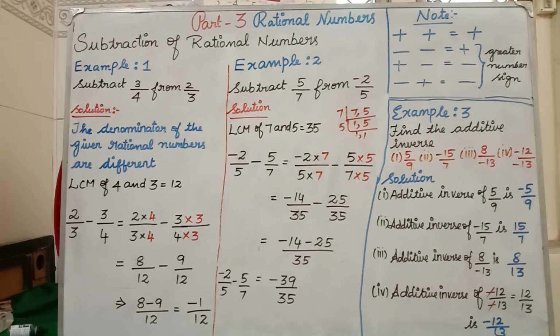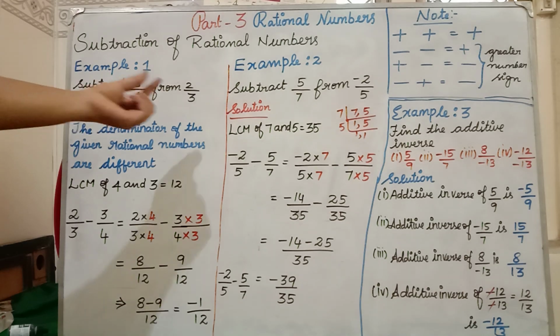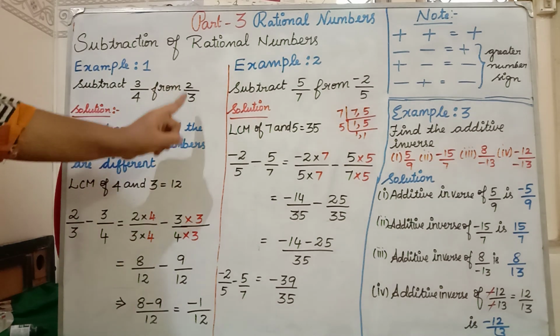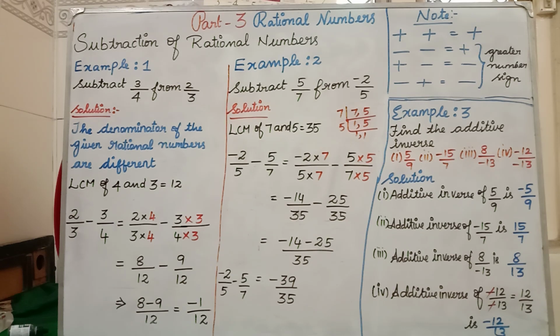Okay, now today we will see the subtraction of rational numbers. You see, the question is: subtract 3 by 4 from 2 by 3. From where do we have to subtract? 2 by 3 minus 3 by 4 we have to write. If you subtract 3 by 4 minus 2 by 3, your answer is wrong. You should not do like that.